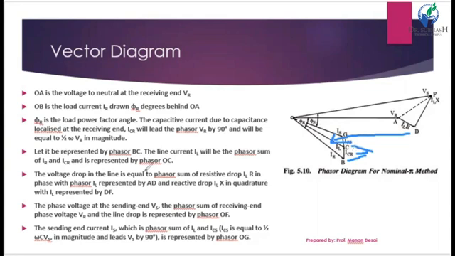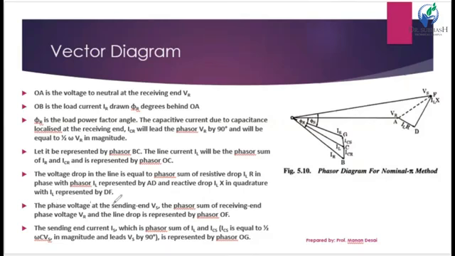Now the voltage drop in the line is equal to the phasor sum of the resistive drop ILR, phasor AD, and the reactive drop ILX, phasor DF.